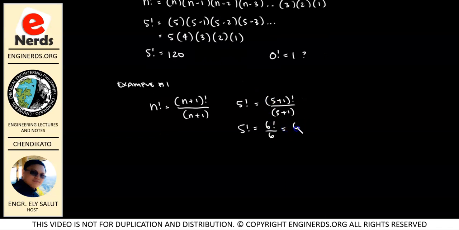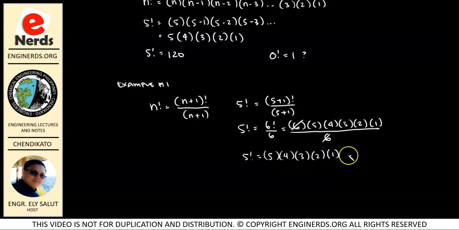We have 6 times 5 times 4 times 3 times 2 times 1 divided by 6. This will be cancelled out, diba? So, clearly, it's the same as what we were doing earlier, no? 5 factorial is equal to 5 times 4 times 3 times 2 times 1 is equal to 120.